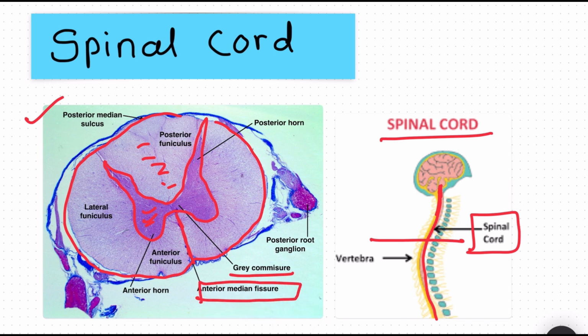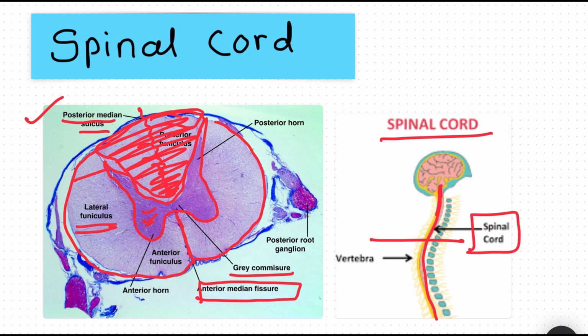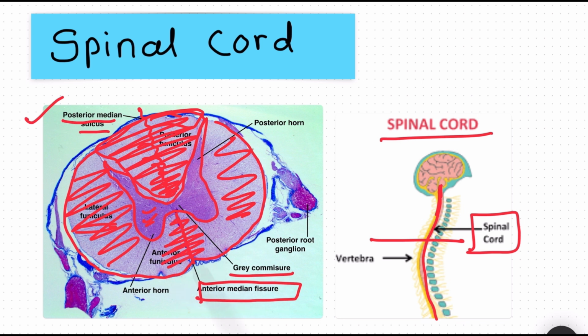There is posterior funiculus, and this area is posterior funiculus, and there is also posterior median sulcus, which divides it into two halves. Then lateral funiculus, these lateral areas are lateral funiculus, and this anterior area is anterior funiculus.